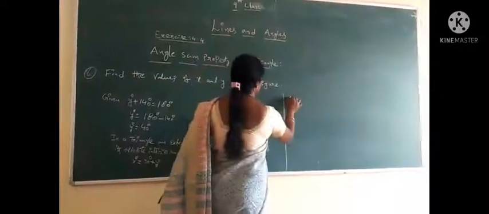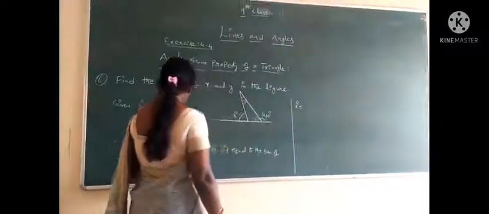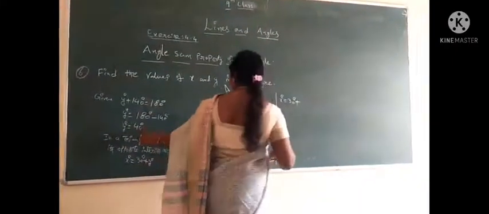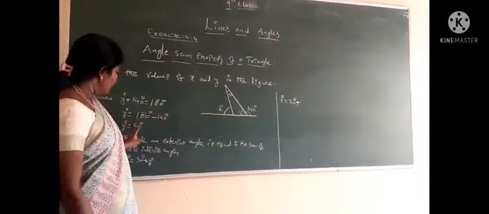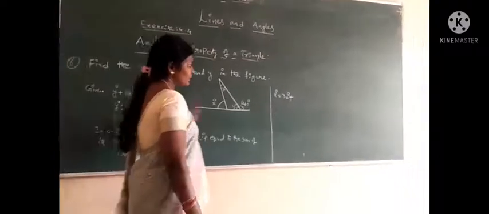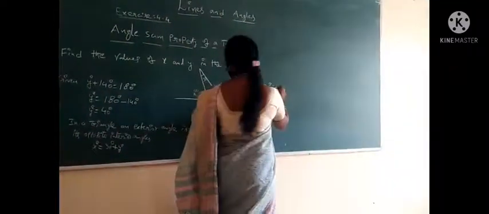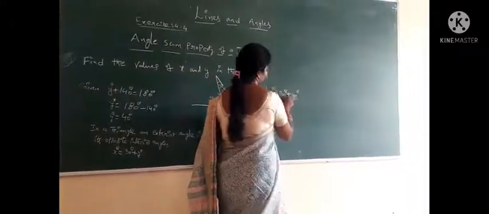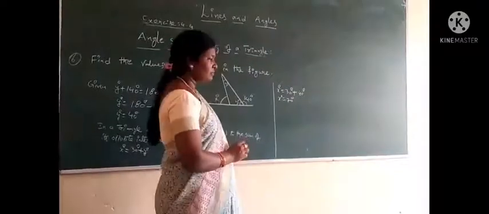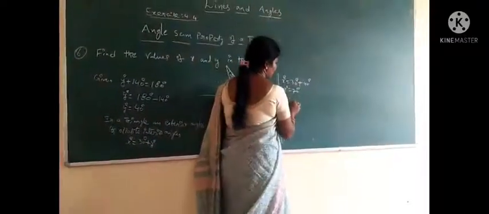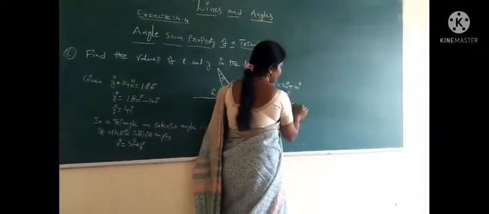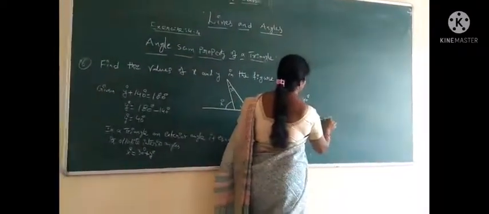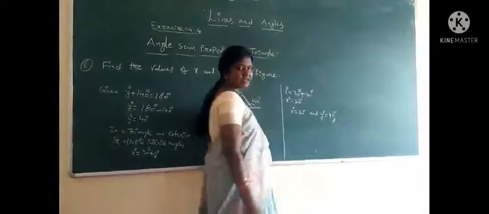So, x degrees is equal to 30 degrees plus, y value is 40 degrees. Substituting the y value, 40 degrees, x degrees is equal to 70 degrees. Therefore, x value is 70 degrees and y value is 40 degrees.